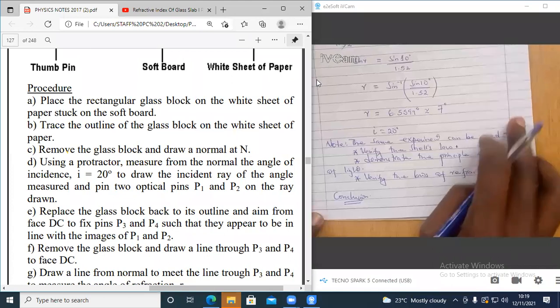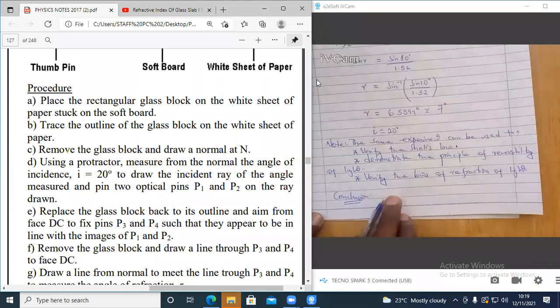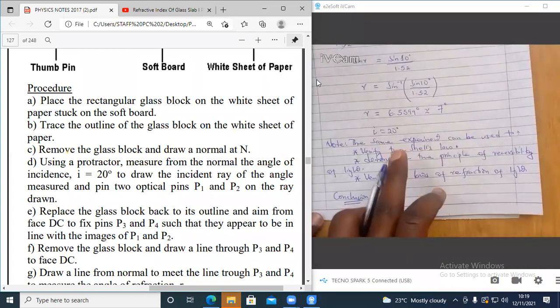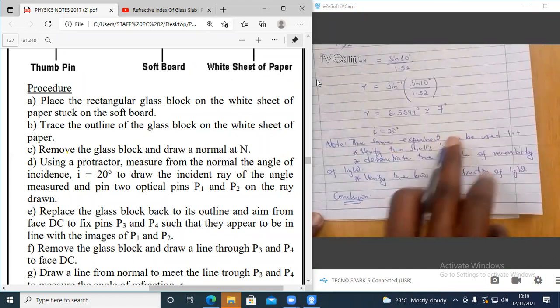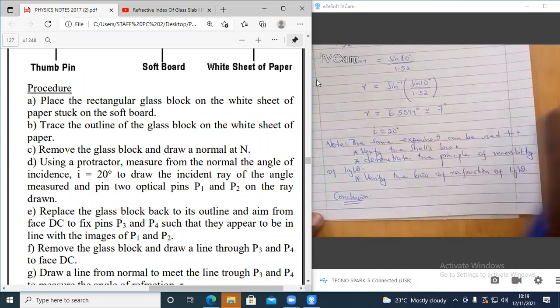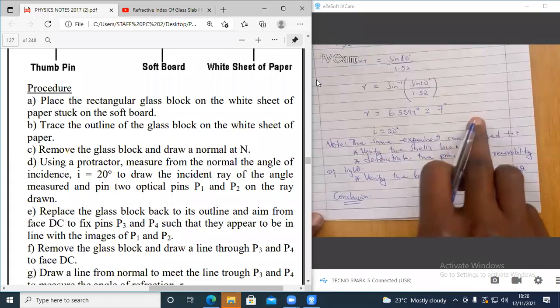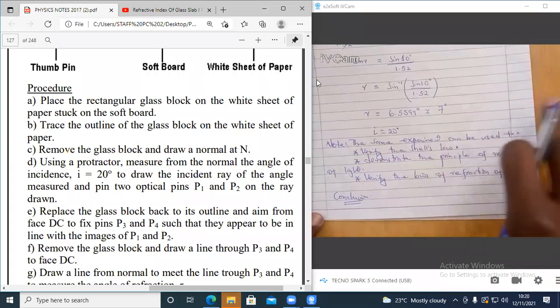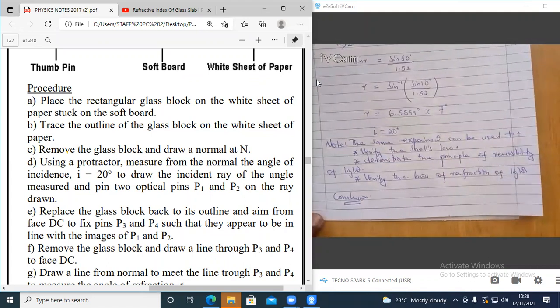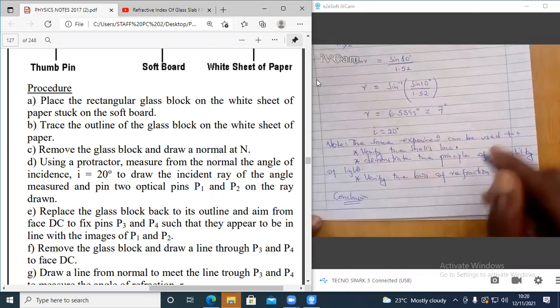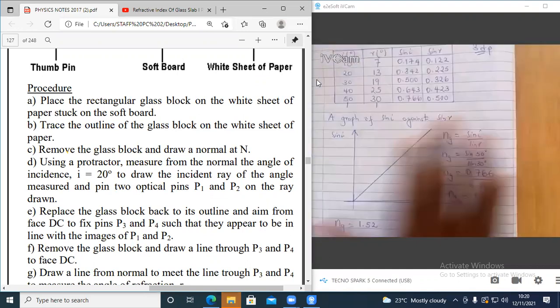You conclude like that: since the ratio of sine of angle of incidence to the sine of angle of refraction is constant, hence Snell's law verified.